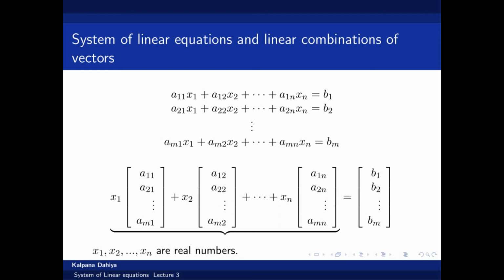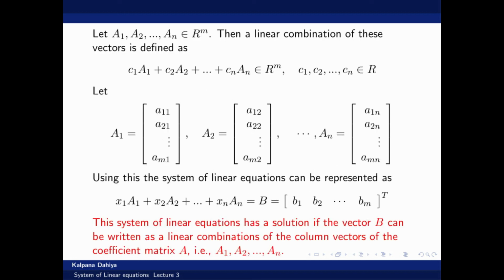Now we try to see what exactly is this expression on the left hand side of this equation when we are writing the system of equations in vector form, where we have x1, x2, xn, and we are multiplying these variables by these vectors with entries as the coefficients of these variables in the system of equations. Let capital A1, capital A2 and capital An belong to Rm.